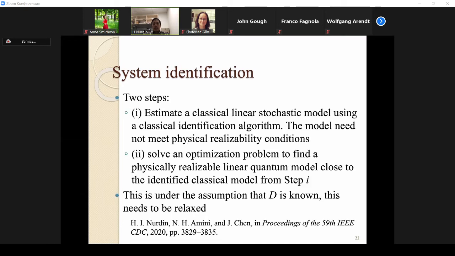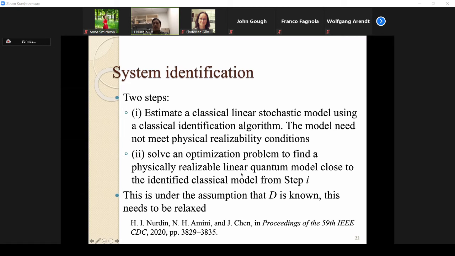So it has two steps. The first step is to estimate a classical linear stochastic model using a classical identification system. This classical linear stochastic model need not meet the physical realizability conditions that are required for a linear quantum system. Then the second step, you solve a particular optimization problem to find a physically realizable linear quantum model, which is close to the one that was identified in step one.